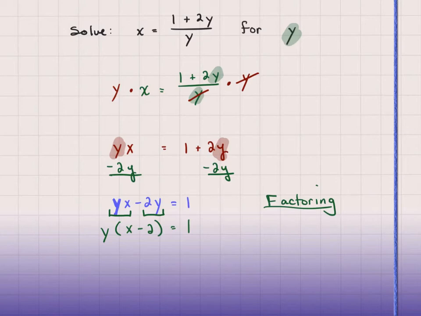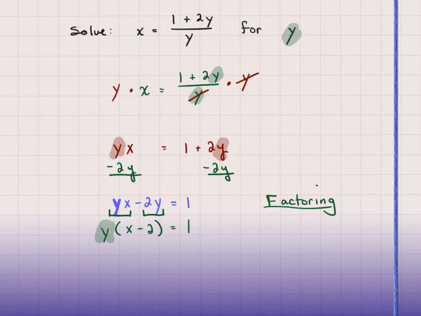But notice what's happened. By factoring out that y, I've taken an equation with two y's in it, the yx and the negative 2y, and now it's just a single y. And look at how that y is connected to x minus 2. It's y times x minus 2. Remember, I want that y alone. How's the y connected?